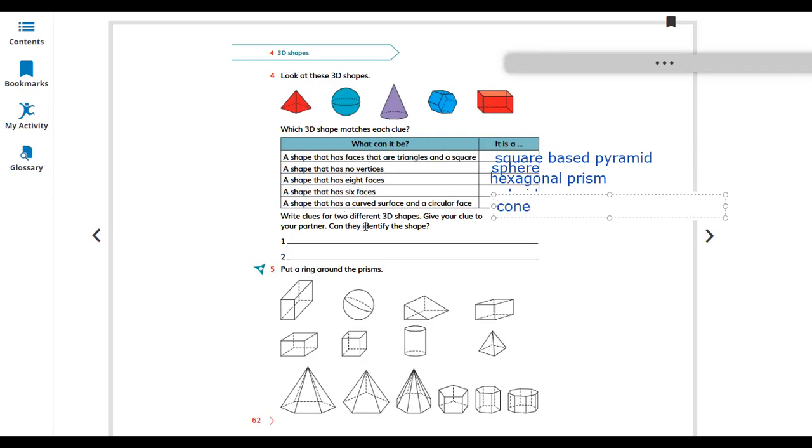Write a clue for two different 3D shapes. So give your clue to your partner. Can you identify the shape? Okay. So we can write about more shapes, like I'm using triangular prism, pyramid, and one more.